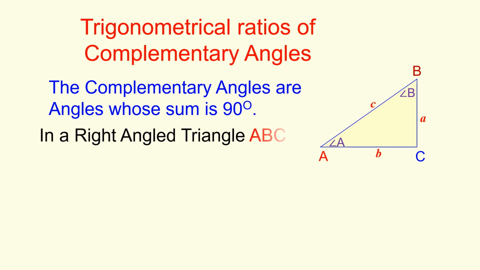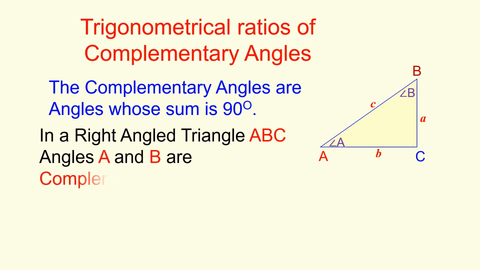The trigonometrical ratios of complementary angles. The complementary angles are angles whose sum is 90. In a right-angled triangle ABC, angles A and B are complementary angles.